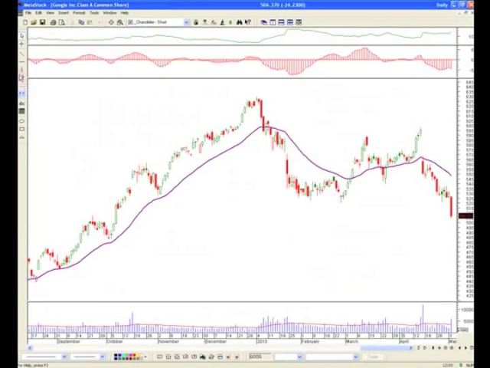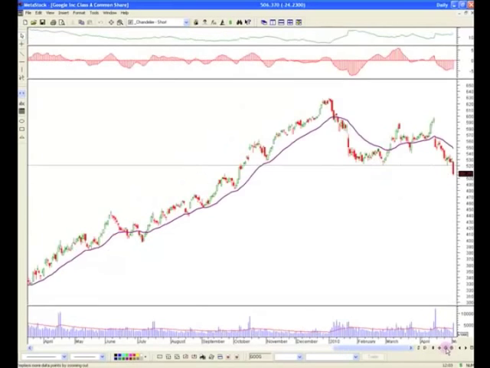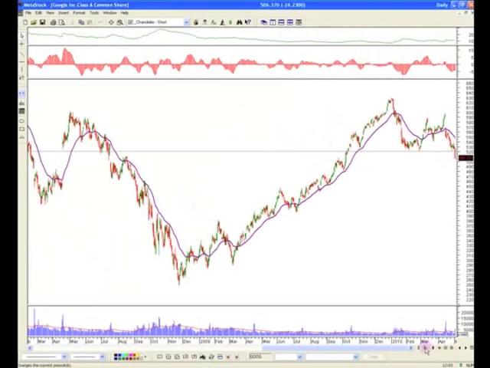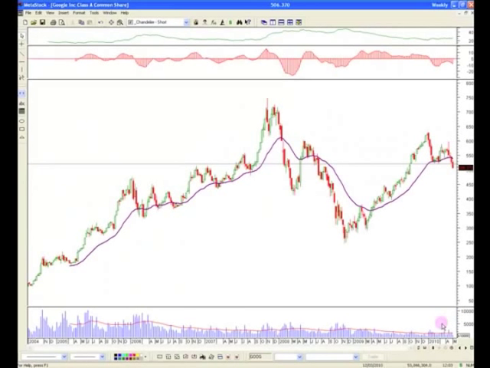Okay, let's have a look at this one. I can see there's been some support built up around this level. I'll zoom out, I'll go to the weekly chart. Okay, I can see this share has made some highs just recently around these price levels, come off, got really nice support around here, tried to stay within there and has broken through.